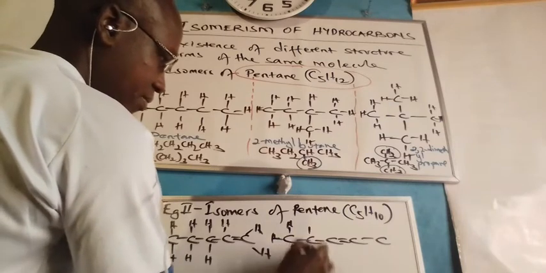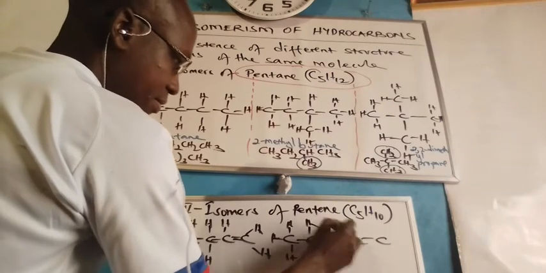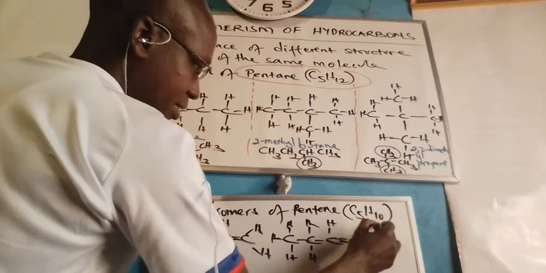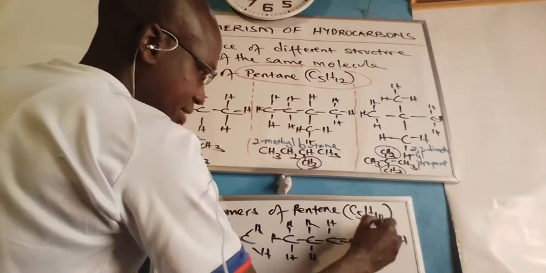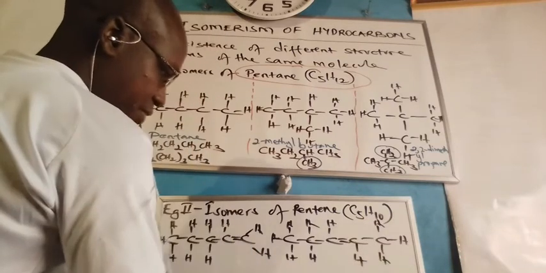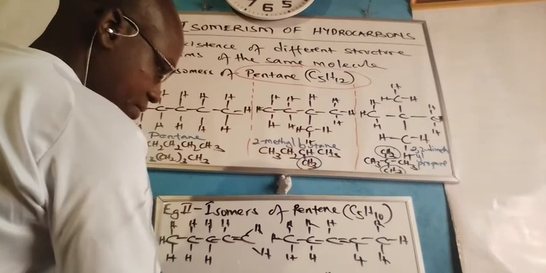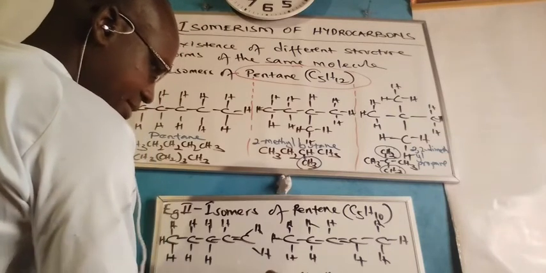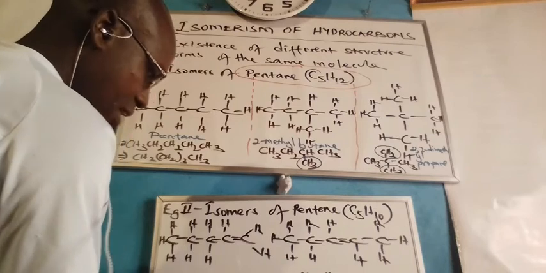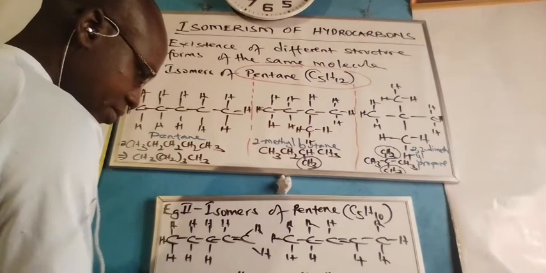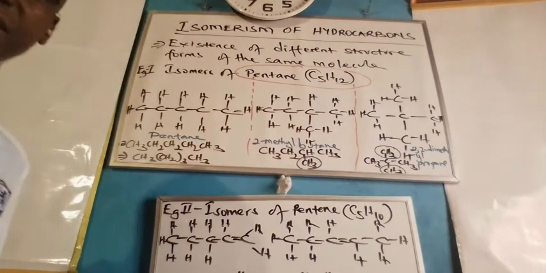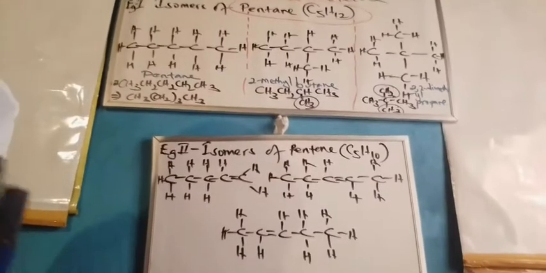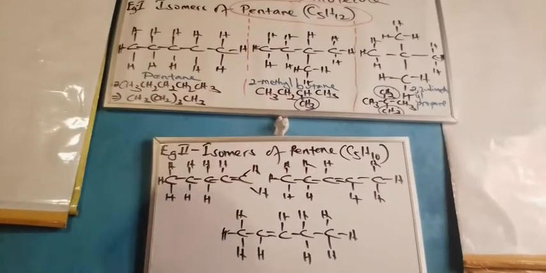So as we look at this structure, we find clearly that there are 3 principal ways in which you can represent the same molecule of C5H10.